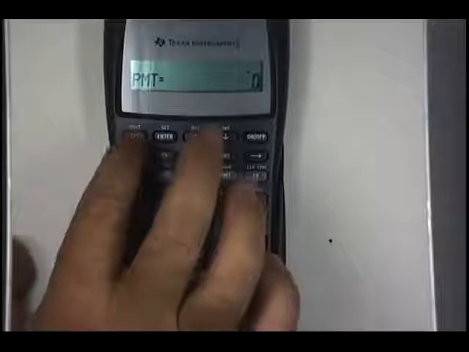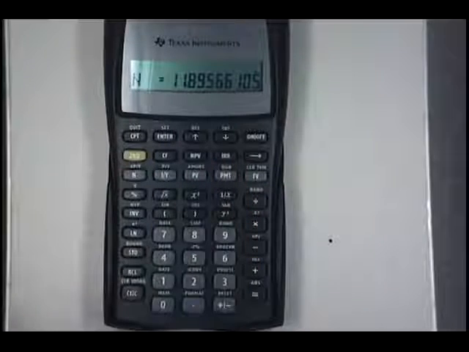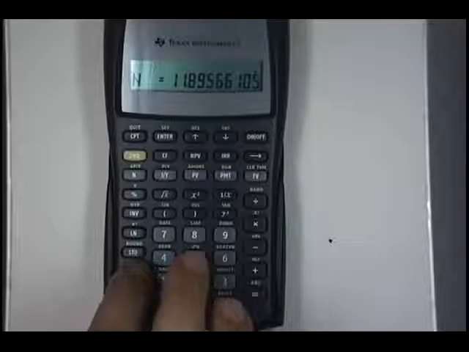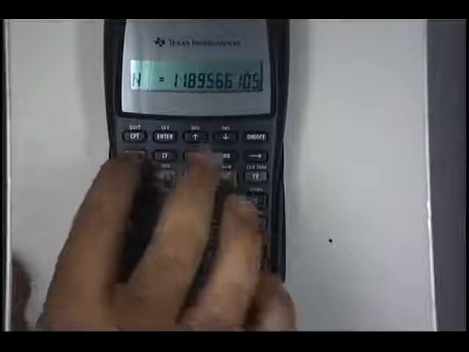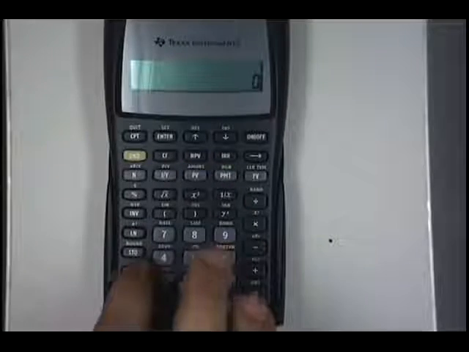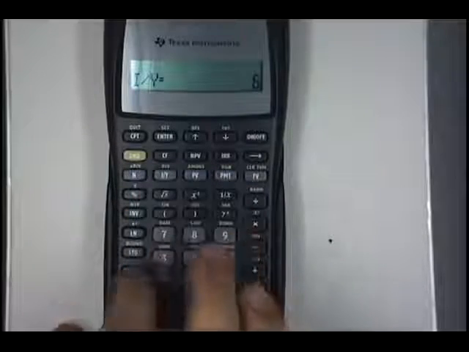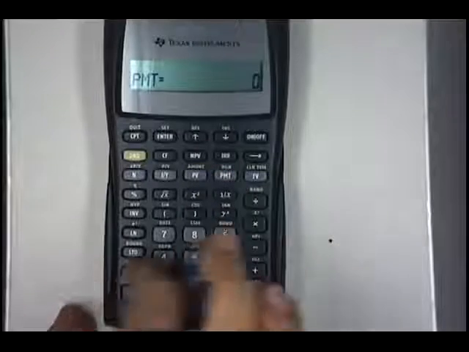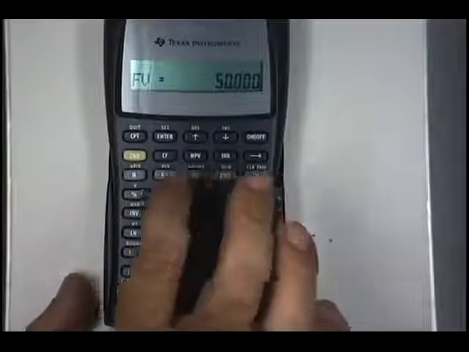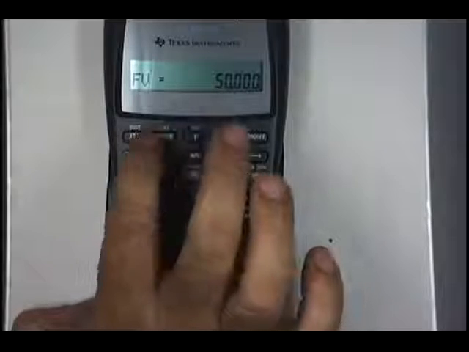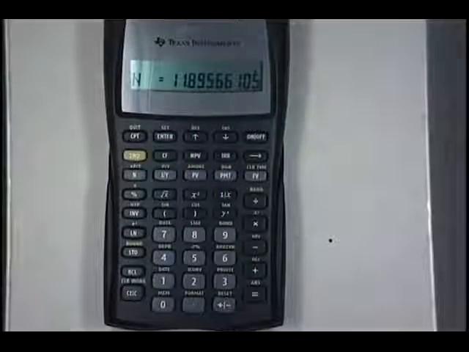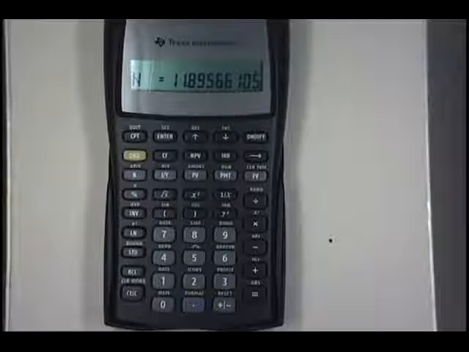And now I can compute N. Let's recall N, clear, recall I over Y was 6, recall present value is 25,000, recall payment was 0, recall future value is 50,000. Compute N is 11.89 semi-annual periods.